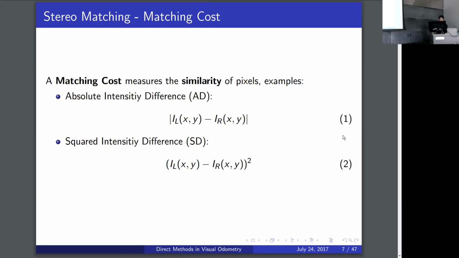The two most basic matching costs are the absolute intensity difference and the squared intensity difference. I denotes the pixel intensity value at x and y coordinates in the left image minus the right. The squared intensity difference is just the square of that difference.